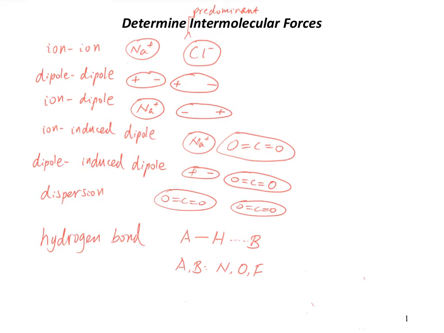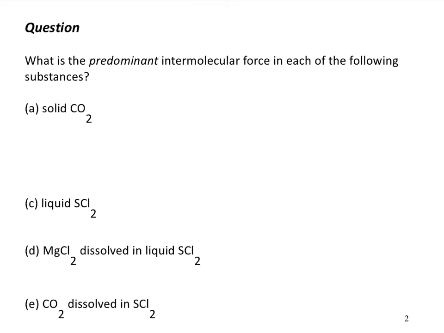If no, do we have a polar molecule or a nonpolar molecule? If we have ions, then we have ion-ion, or ion with dipole or induced dipole. If we don't have ions and we have a polar molecule, we may have dipole-dipole. And if we don't have a polar molecule, there's no dipole moment, then we'll have dispersion. And we always keep in mind: do we have a hydrogen bond? Okay, let's put this into action.